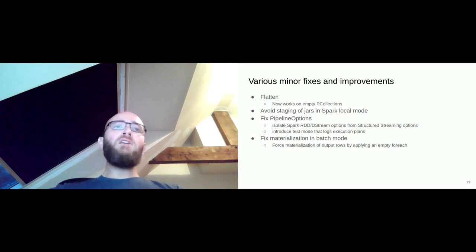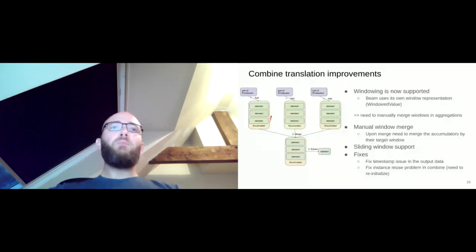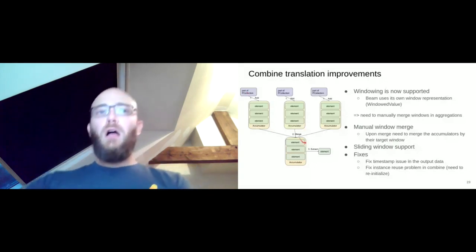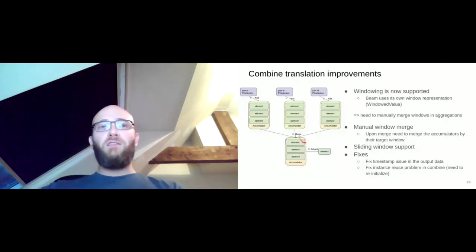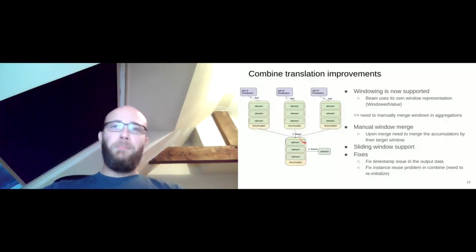For each executor, Beam creates a local accumulator, to which the data of the local part of the PCollection gets added. Then the accumulators get merged between each other into a single accumulator that resides on a single executor, and it's this accumulator that gets extracted to produce the output data.